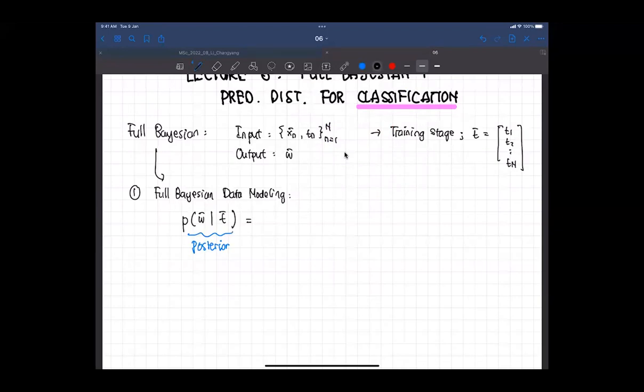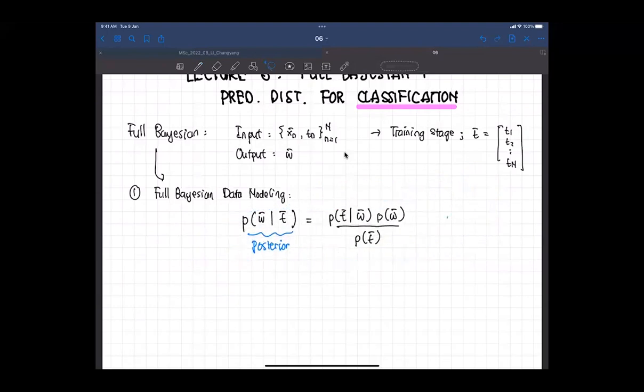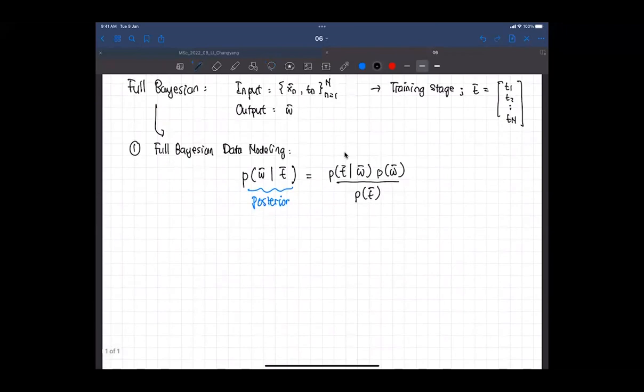Likelihood multiplied by the prior divided by the evidence, or P of T bar. So this is something that we have to solve in the full Bayesian framework. Now the problem is that we have to define further, especially the likelihood.